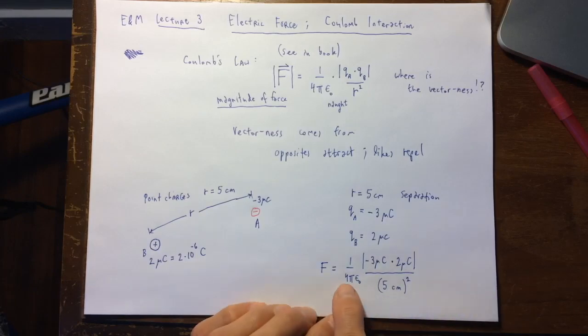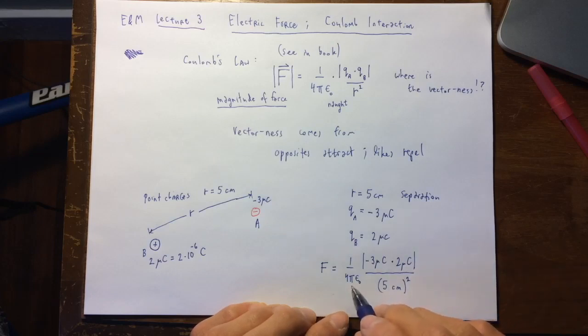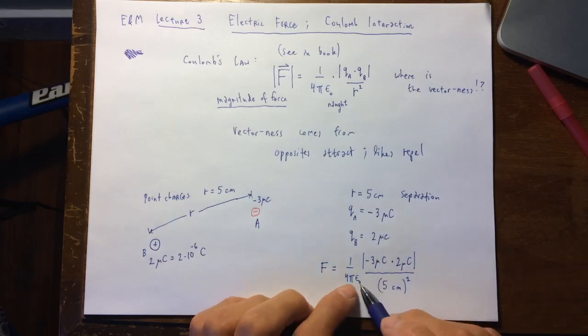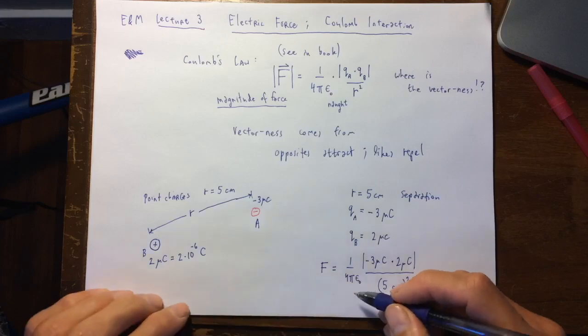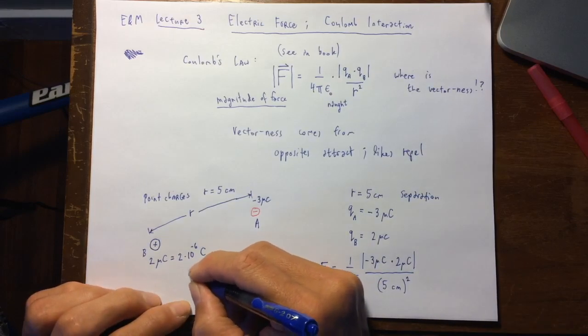So the number 4, you already know how to use it. The number pi, remember pi is something like 3.14, and then the number epsilon. Epsilon is an experimental quantity.